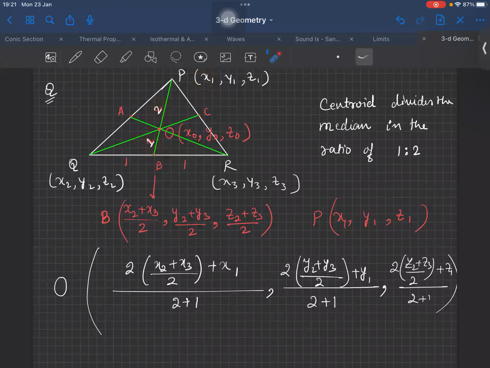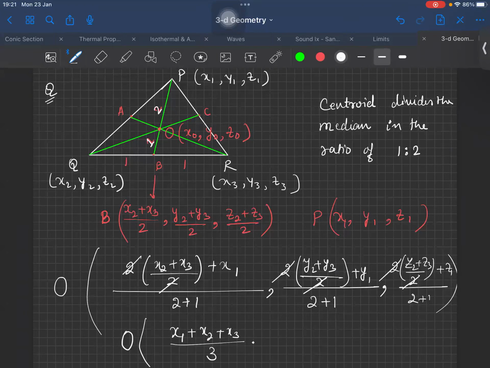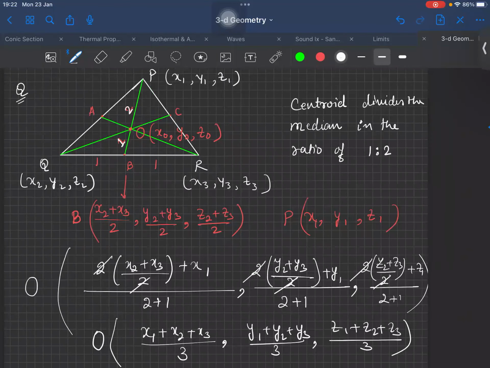So the coordinate of O will be x1 plus x2 plus x3 divided by 3, comma, y1 plus y2 plus y3 divided by 3, comma, z1 plus z2 plus z3 divided by 3. So this is the coordinate of the centroid. O is the centroid.